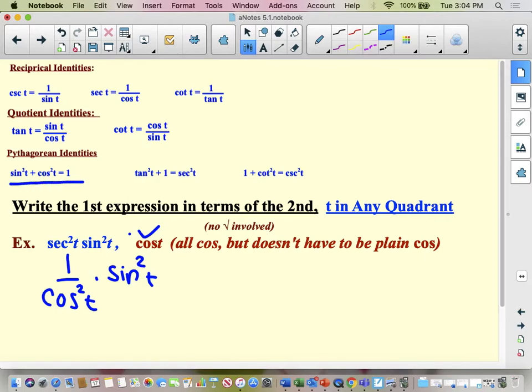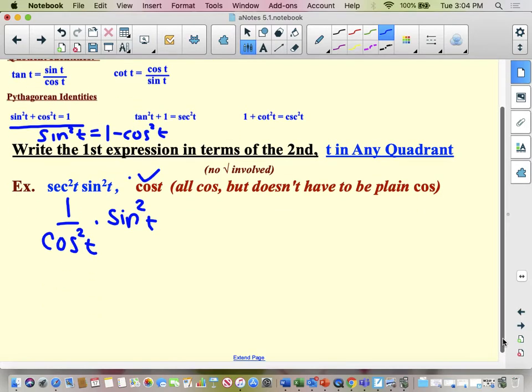So I'm halfway there. Now sine squared is not in terms of cosine, but this one's kind of nice. I can again use this Pythagorean identity to rewrite sine squared t, if I subtract over the cosine, rewrite sine in terms of cosine. So now, substitution, I have 1 over cosine squared times 1 minus cosine squared from my Pythagorean identity, and everything is in terms of cosines.